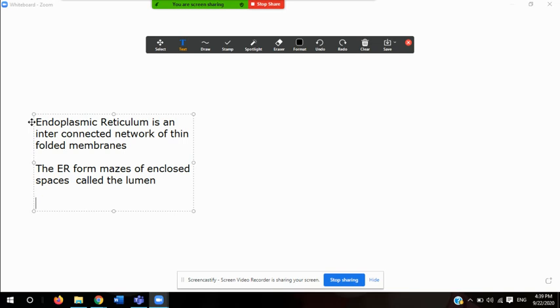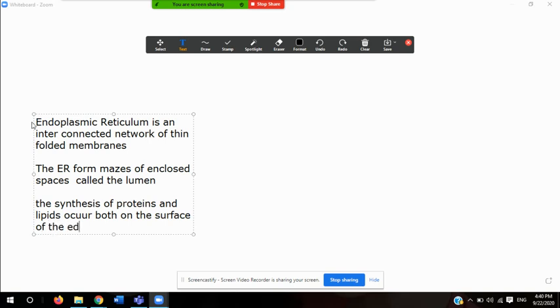This structure is important because the synthesis of proteins and lipids occurs both on the surface of the endoplasmic reticulum and inside of the lumen.